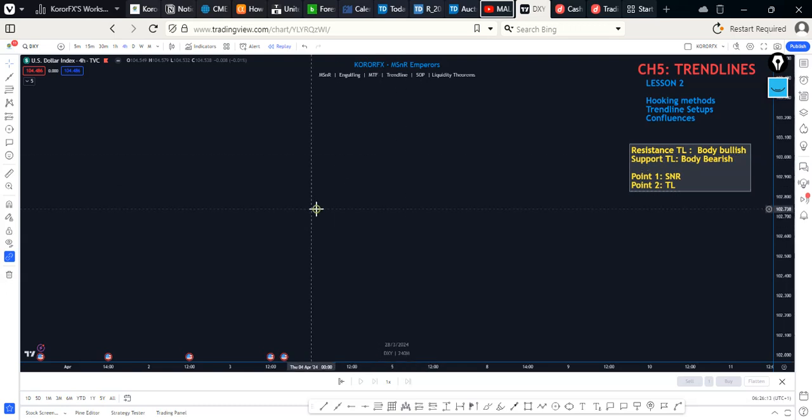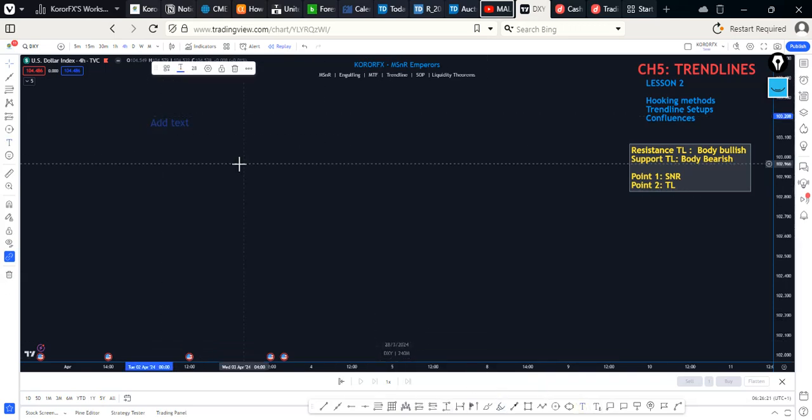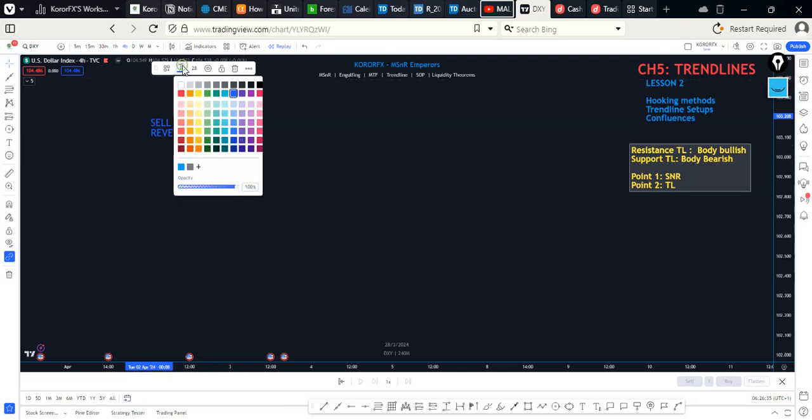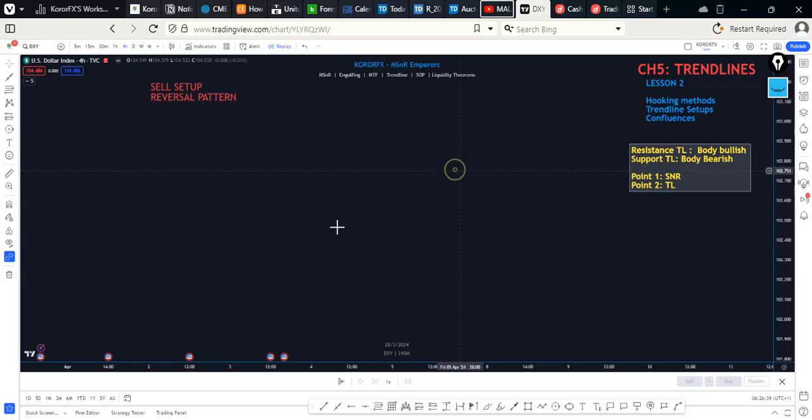So let me show you what the selling setup looks like, which is a reversal pattern. I want to show you this because you have to understand everything about the trend line.